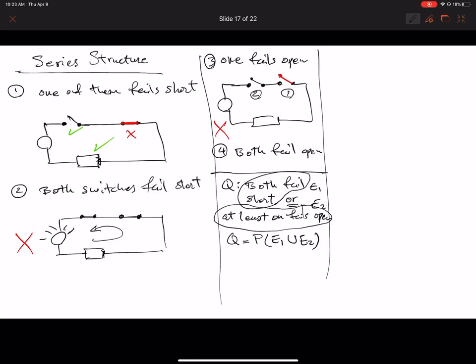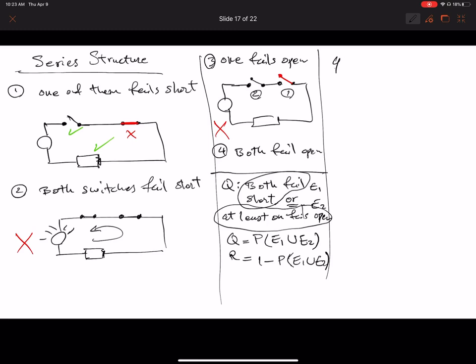For OR, we use the union: the probability that either of these two happen. So reliability would be 1 minus that, because reliability is always equal to 1 minus failure. Both of them are probabilities, and they're complements.